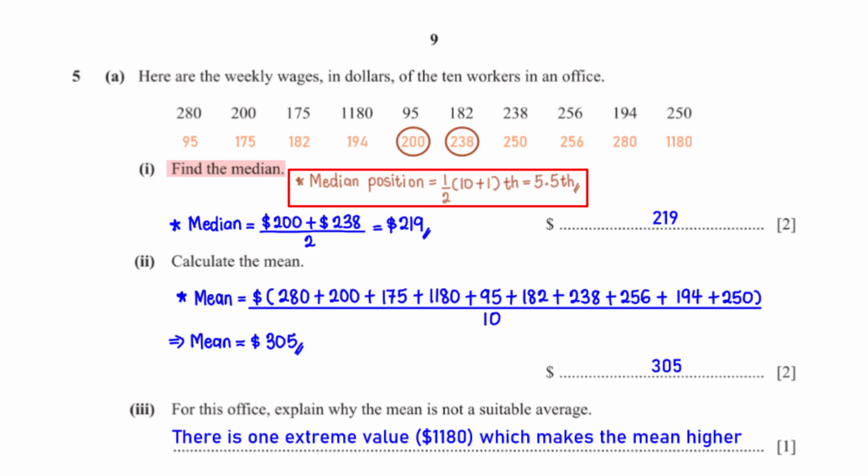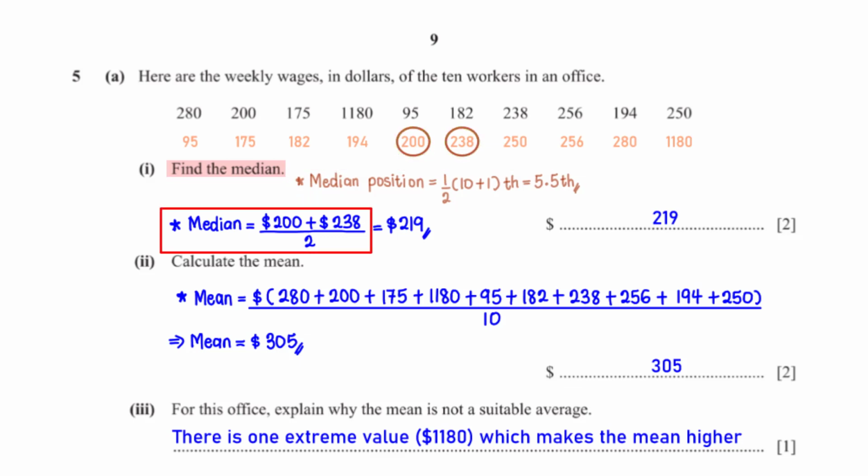This means the median is between the numbers in the 5th and 6th positions, which are 200 and 238. So the median is ($200 + $238) divided by 2, which is equal to $219.